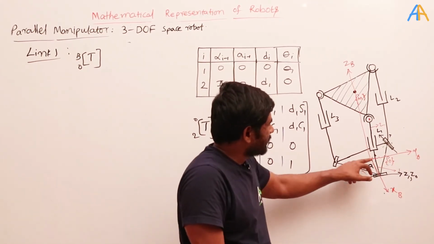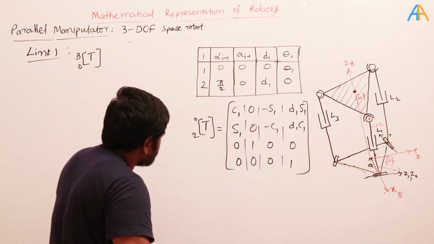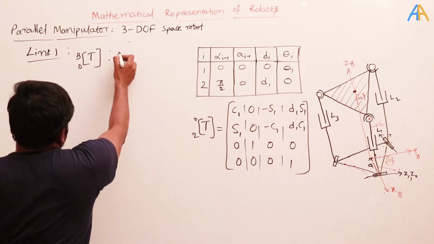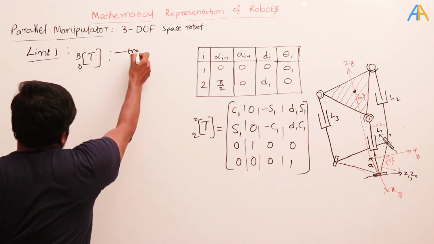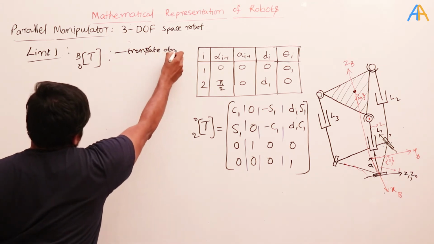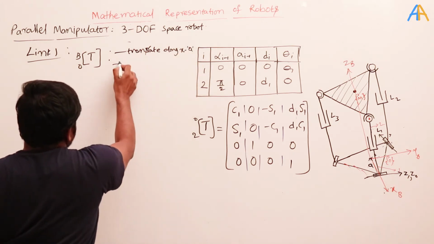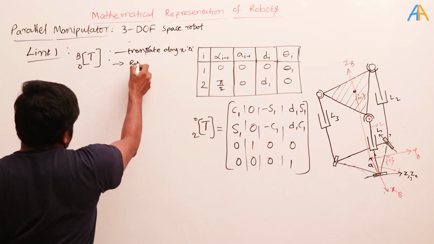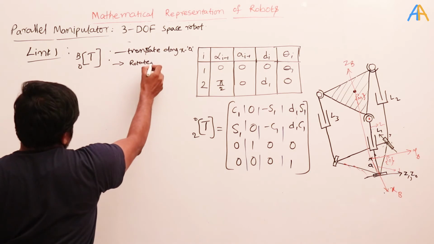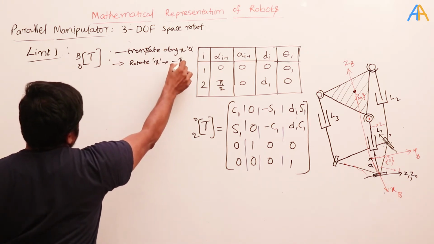Okay, so first I translate along the x-axis by a distance a, and after that I will rotate about the x-axis by minus pi by 2.